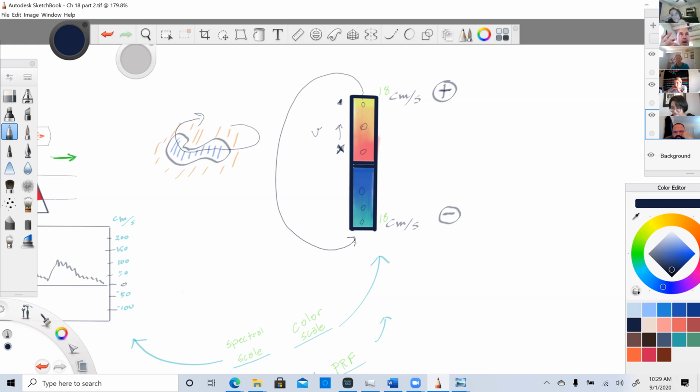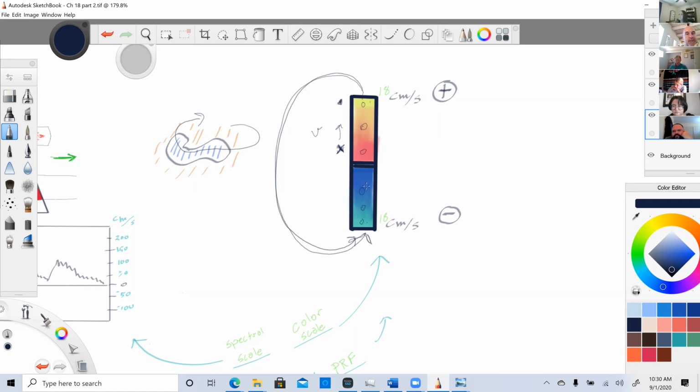So now what do I do? It's gone off the scale. So the computer says, all right, I'm going to go around and start over and go backwards through this scale, from yellows to light blues to dark blues.